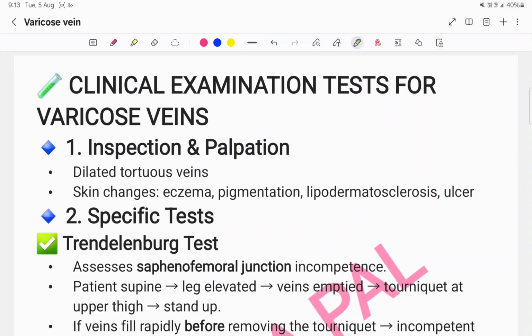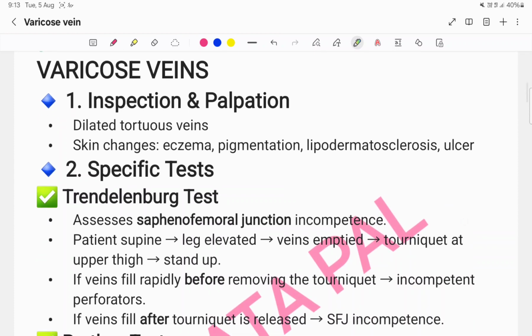First is inspection and palpation. We inspect what is the actual site of varicosity and how it is looking like, exact course, whether any ulcer is present in leg or not, whether hyperpigmentation is present or not, and if ulcer is present, whether it is discharging or not.